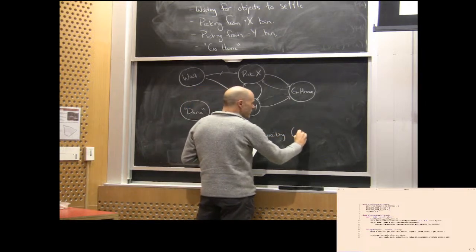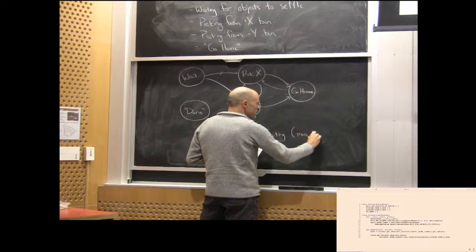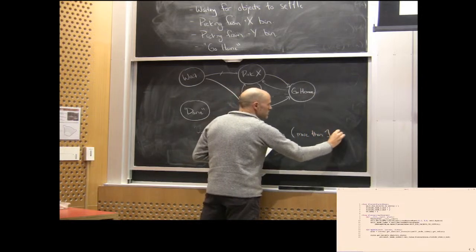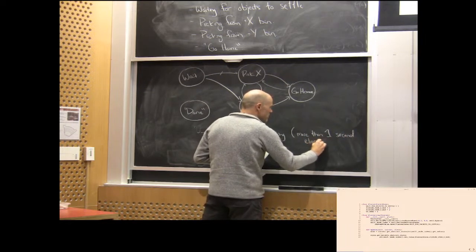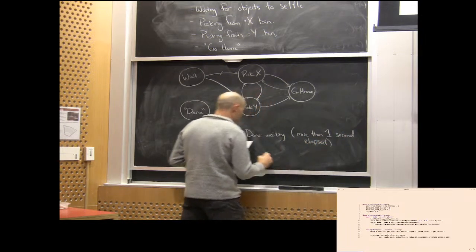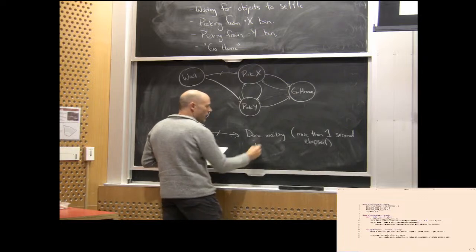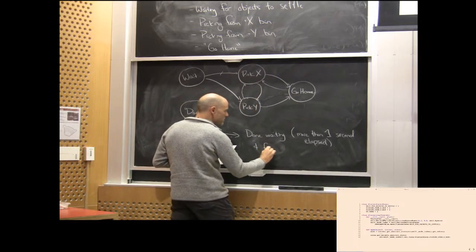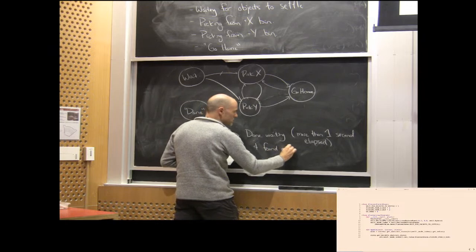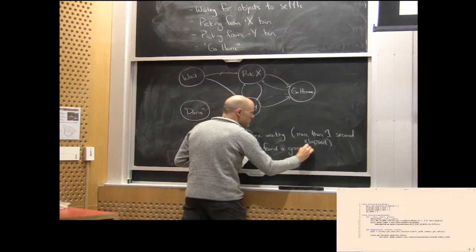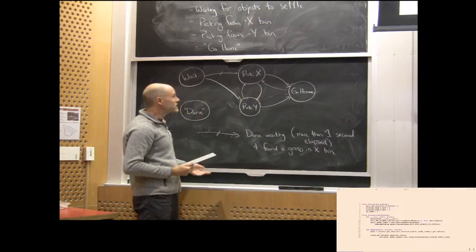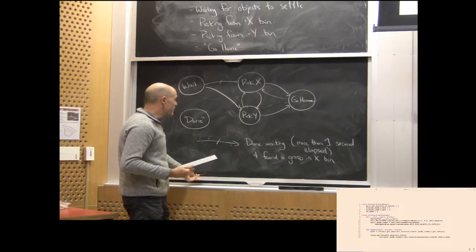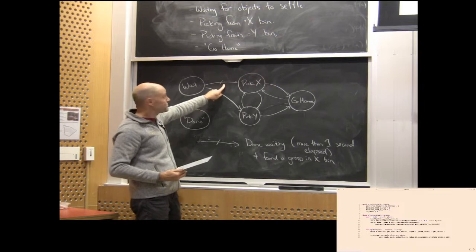More than 1 second has elapsed, and I found a grasp in the X bin. Okay, this is simple stuff, right? But that's the logic I encoded on that edge, effectively.